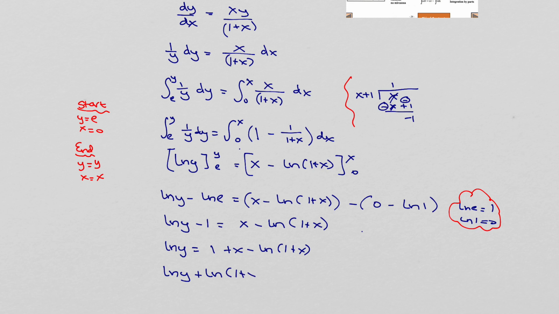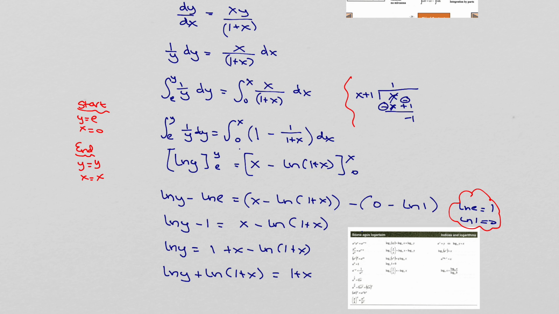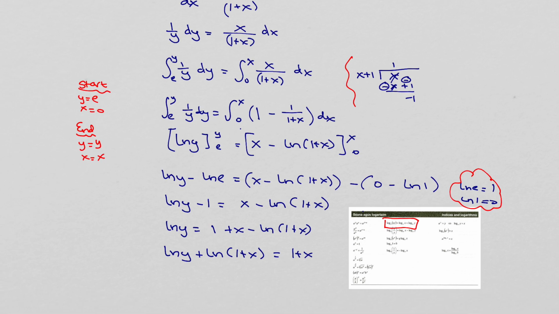And if I'm adding my logs, well, I have to remember my log rules, which is page 21 in our maths tables. And we can see when we're adding our logs, we will multiply them because the bases are the same. So therefore, I get the natural log of y times 1 plus x is equal to 1 plus x.